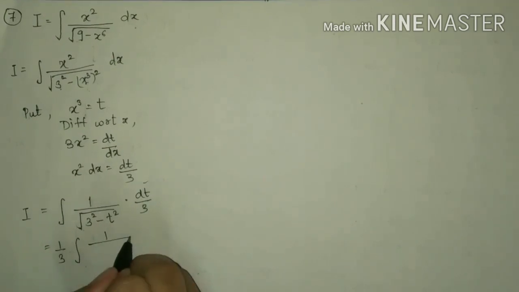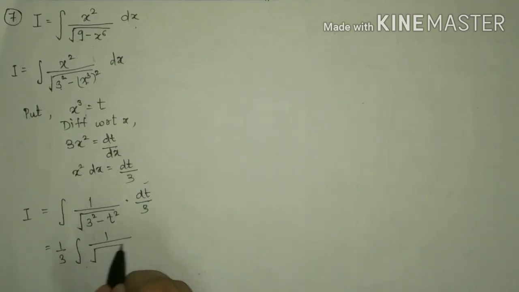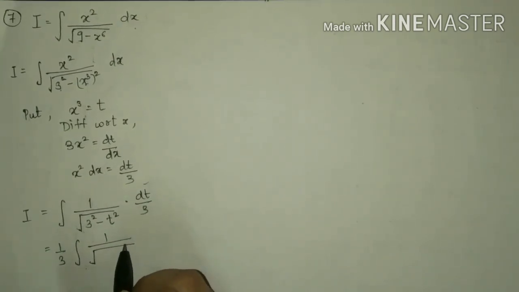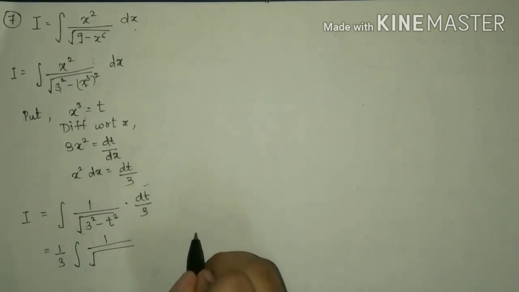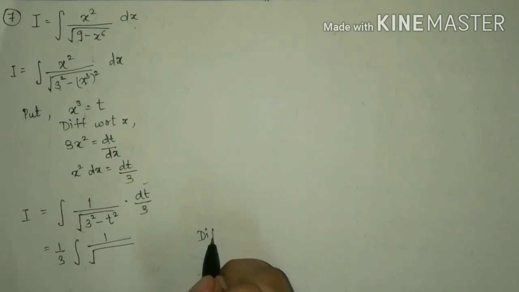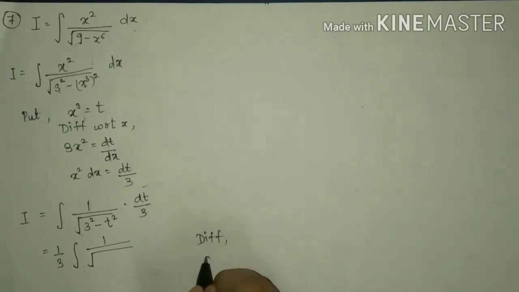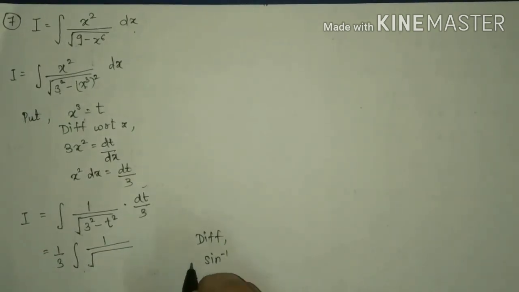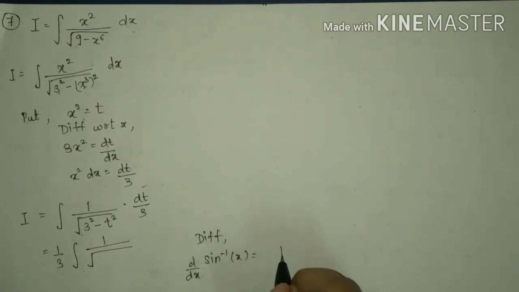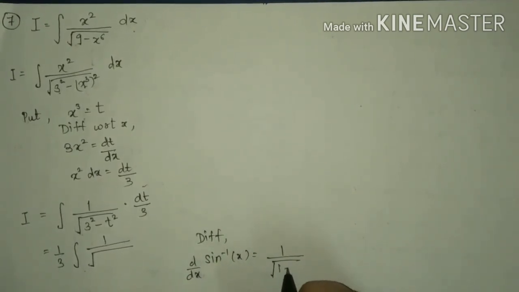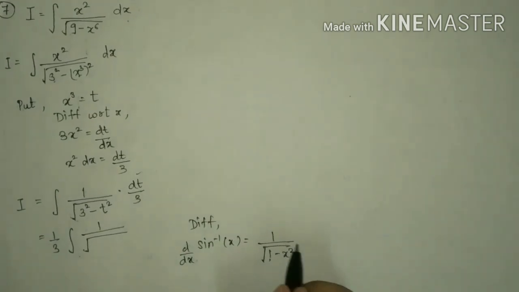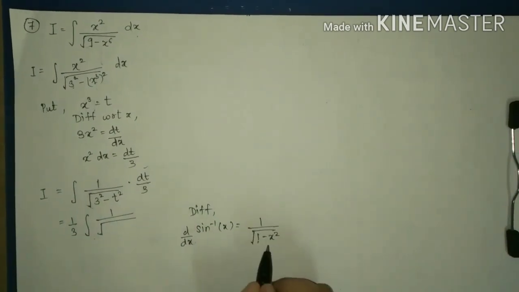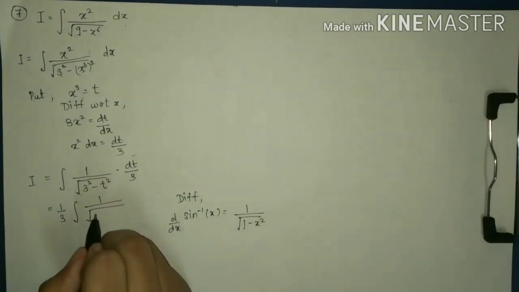Now let's convert to get the integration of one of the most important results that you have seen in differentiation, that is the differentiation of sine inverse x. So d by dx of sine inverse x is 1 upon root of 1 minus x square. So here we should get 1. Let's convert this sum into this type so that we get the answer quickly.